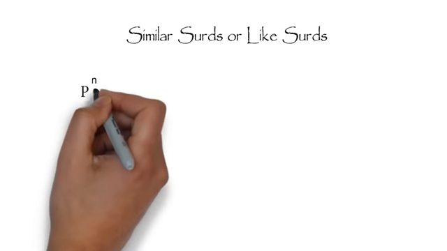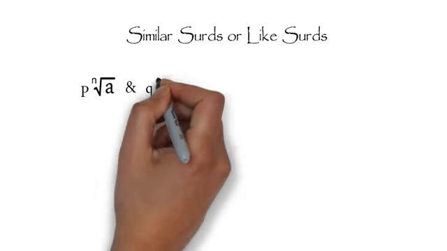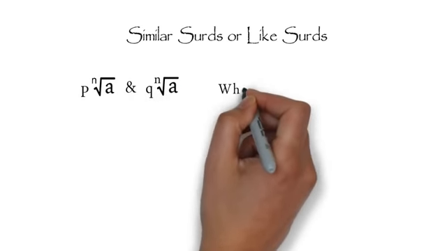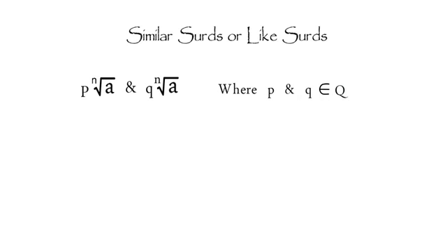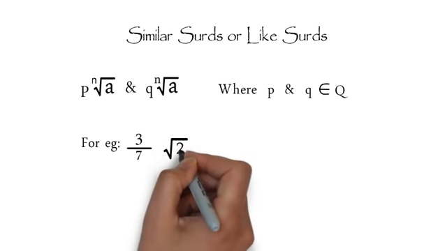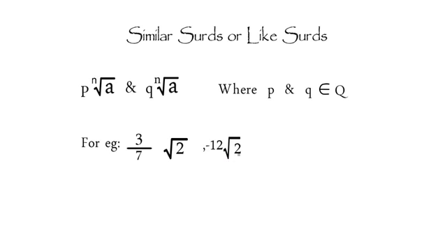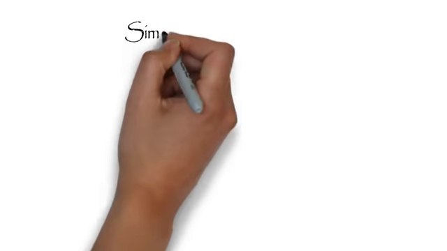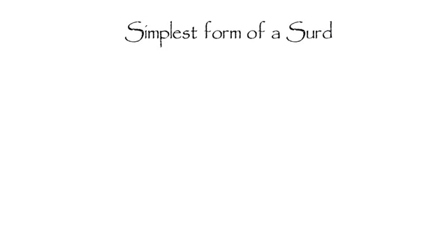Similar surds or like surds. p times nth root of a and q times nth root of a, where p and q belong to Q. For example, 3 by 7 root 2 and minus 12 root 2 are similar surds. Simplest form of a surd. Comparison of surds.